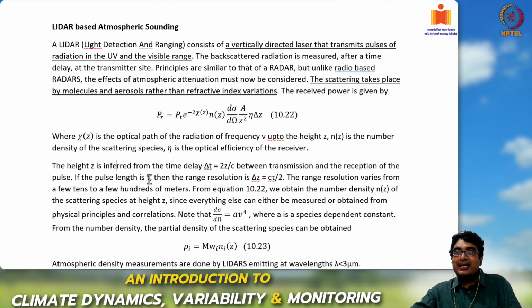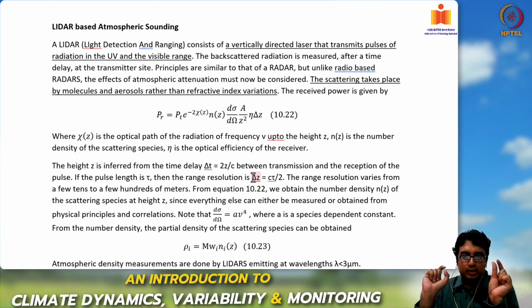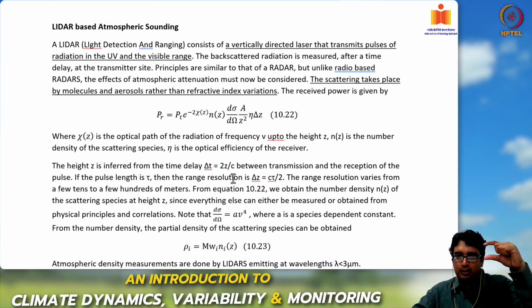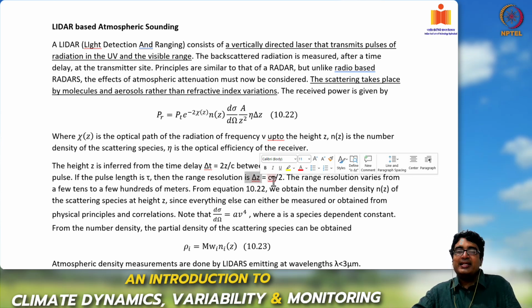If the pulse length is tau, so every pulse will have a certain duration over which the pulse is being emitted, then the range resolution, that is the error, because the pulse has a certain finite length, the time, it's not a sharp difference between the emission and the receive. There will be a small time interval. So this will cause a range of z that will be obtained. So this range resolution delta z is c tau by 2. Tau is the pulse duration.